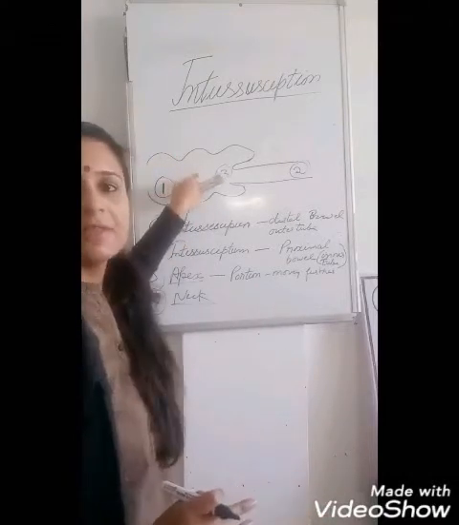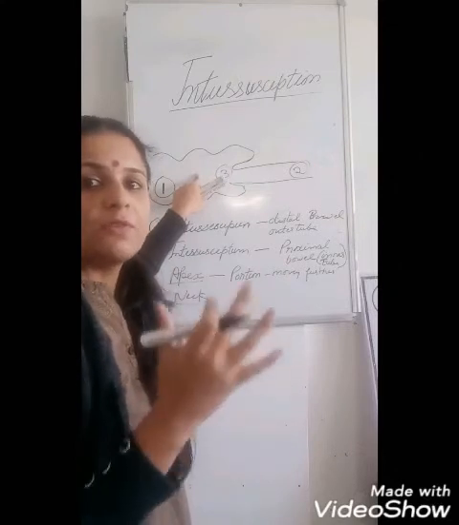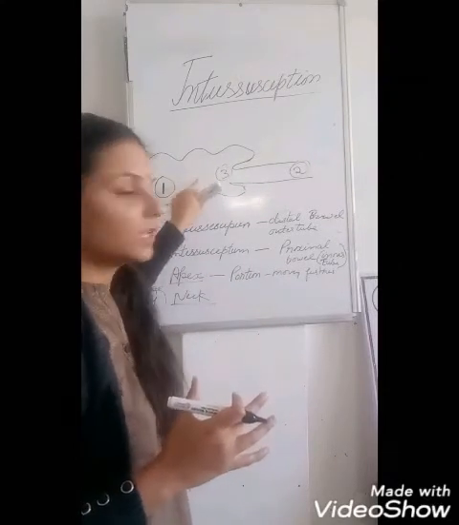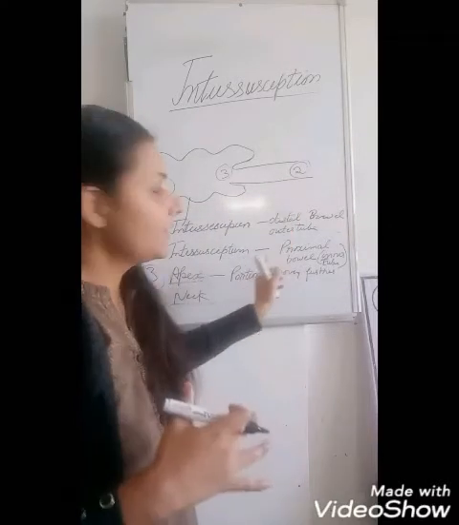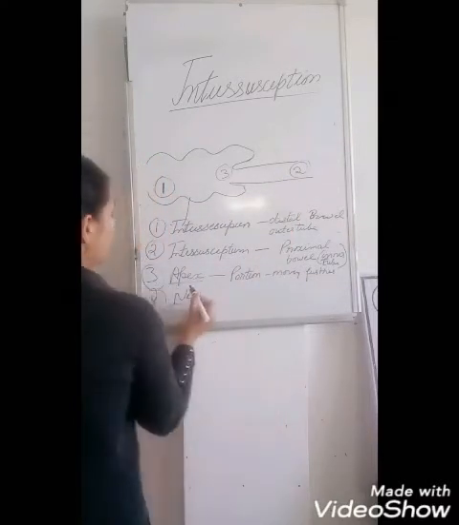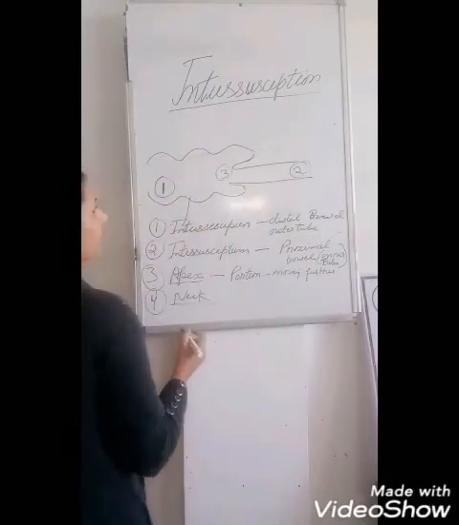The tube which has received, the distal portion of the bowel, is called intussusception, and the inner tube which is entering inside is the proximal bowel. The apex is the portion which is moving further, and the neck area is this.